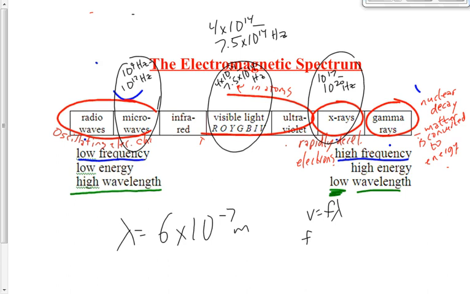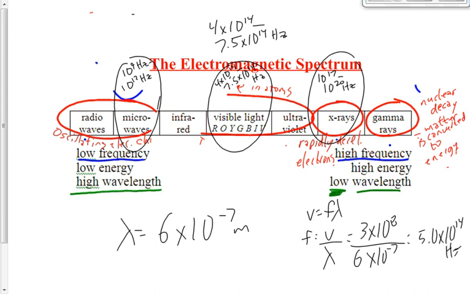Frequency is therefore v over lambda. The speed of EMR, no matter what kind you have, visible light or any other kind, is 3 times 10 to the 8, divided by 6 times 10 to the -7, that gives me 5.0 times 10 to the 14 hertz. What kind of EMR do we have? Visible light.